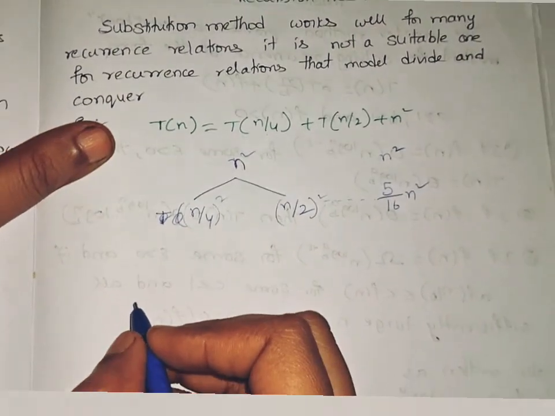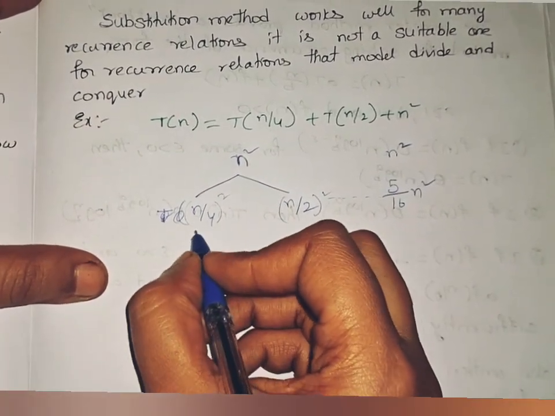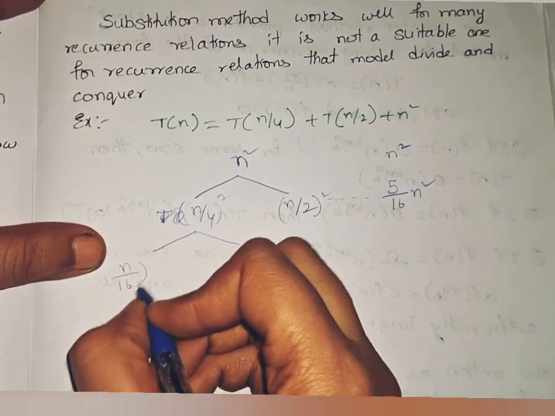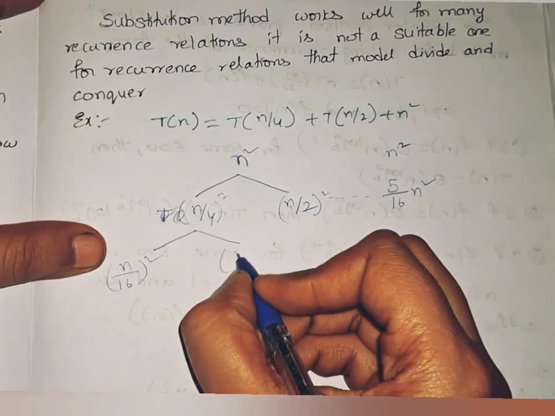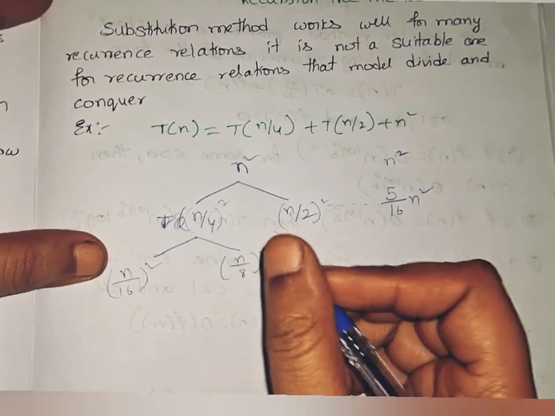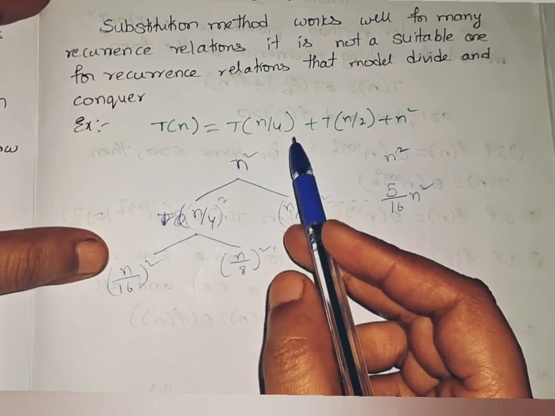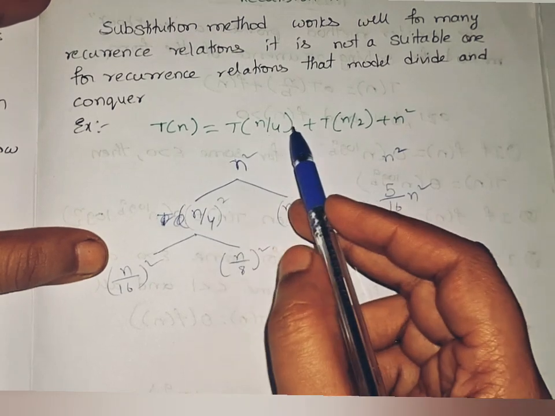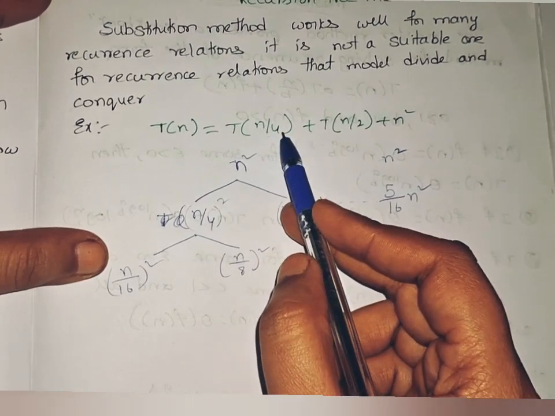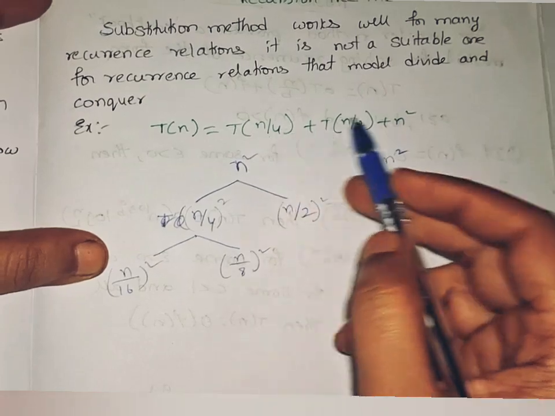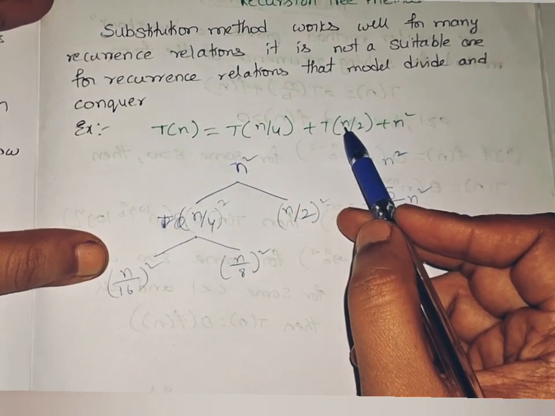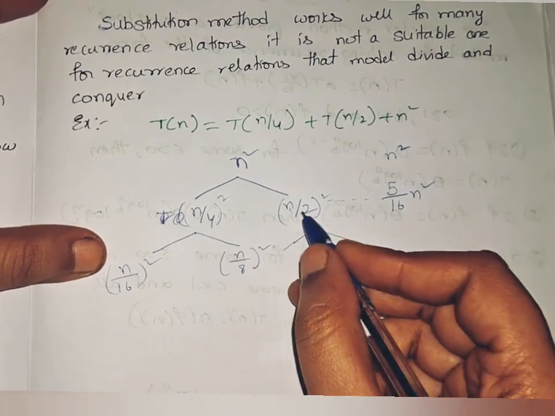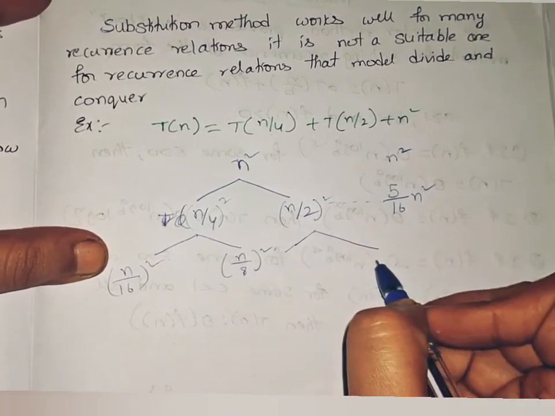Next, we again divide this problem into two problems each: (n/16)^2 and (n/8)^2 after substituting n/4 into the equation, which gives n^2/16 and n^2/8. Then the other node is again divided into two parts: substituting n/2 gives (n/8)^2 and (n/4)^2.